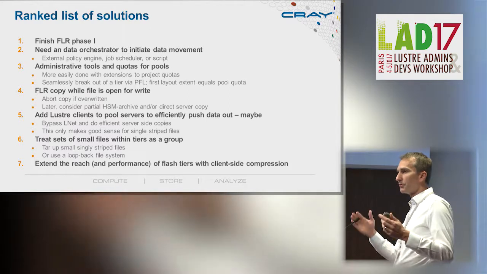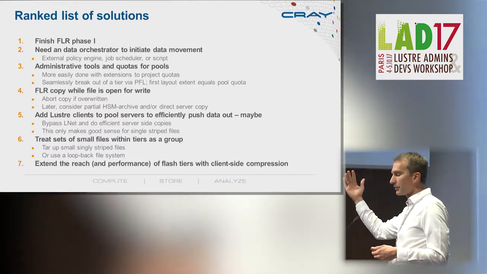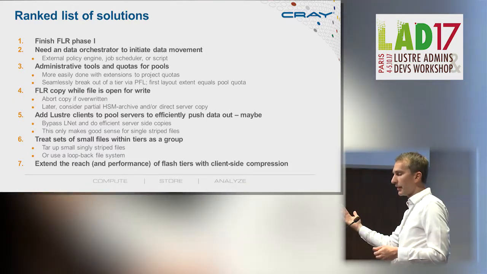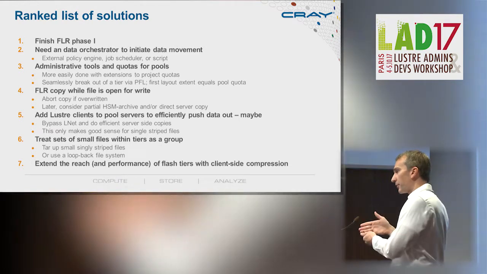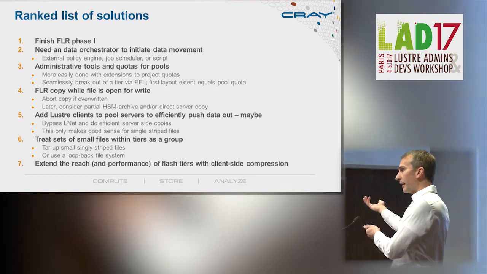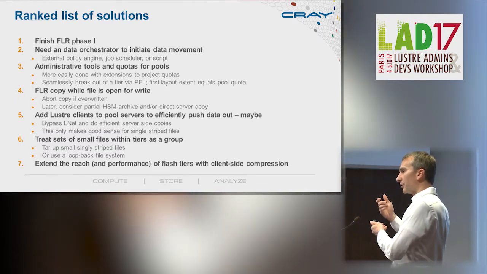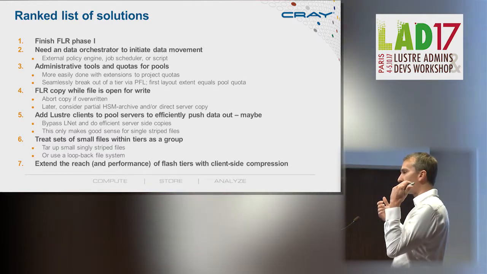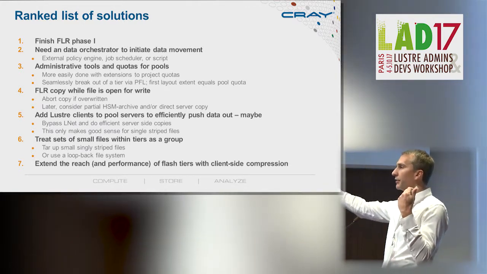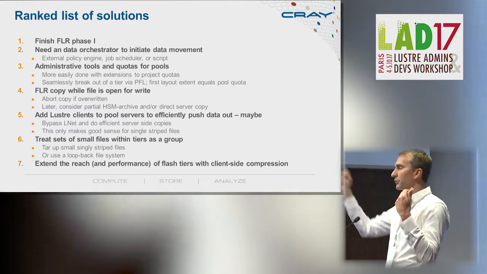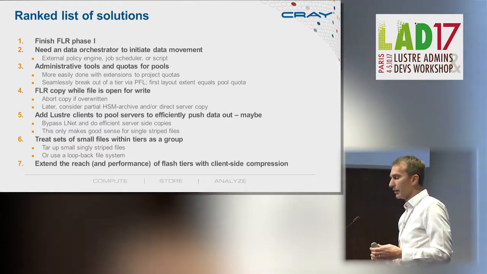So what we'd want to do is bypass the network stack and do efficient server-side copies. And by the way, that only makes sense probably if we have a single straight file, because we wouldn't want to ingest bytes into the flash tier and eject bytes out to the capacity tier, and then yet go as a Lustre client and try to read another flash OST so that we could persist the file.